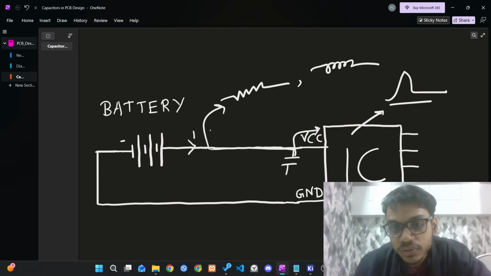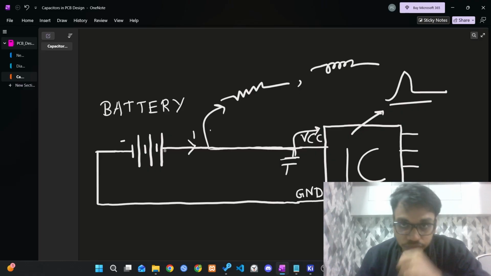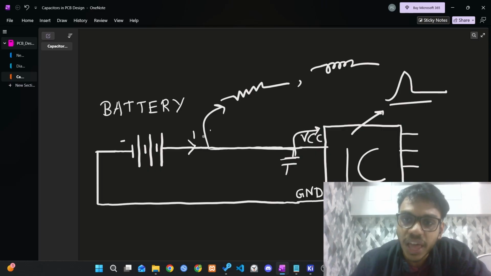So we'll put a capacitor right next to the IC pin so that it can provide the instant need of current by the IC instead of relying on the battery. And why is that? Because the connector to the battery or the wire will have some sort of inductance which resists this sudden change of current. So we're creating some sort of a local supply here by using a small capacitor.